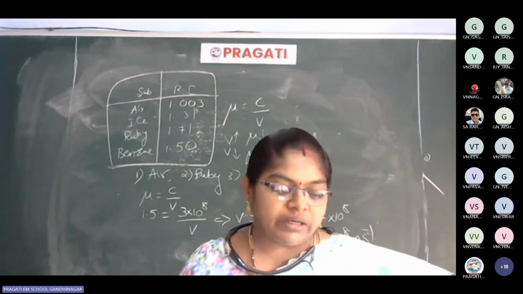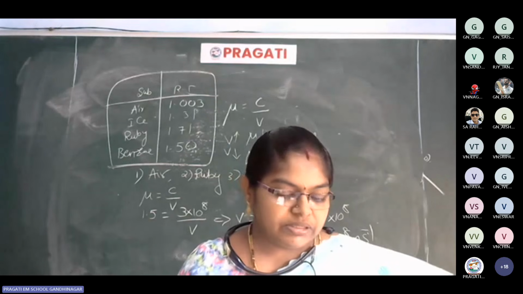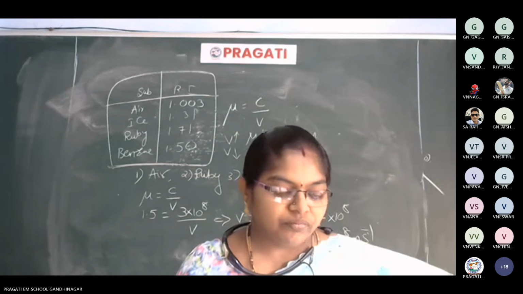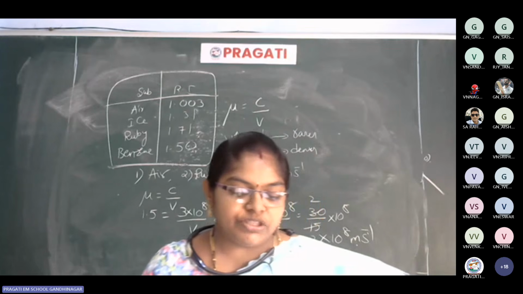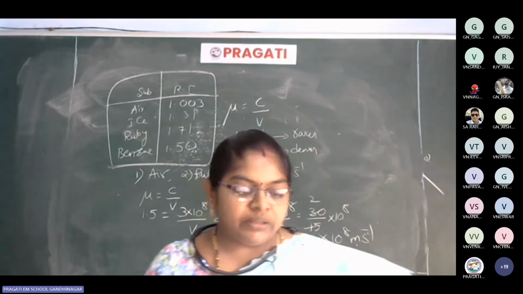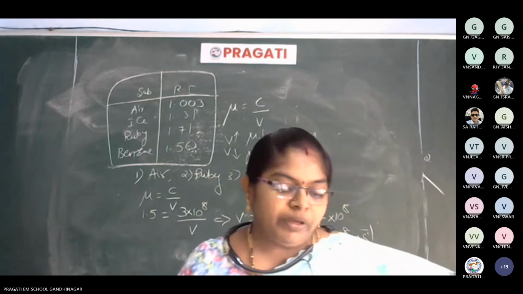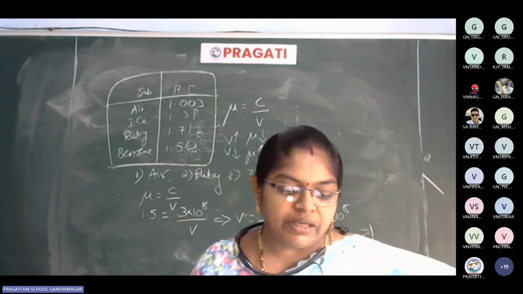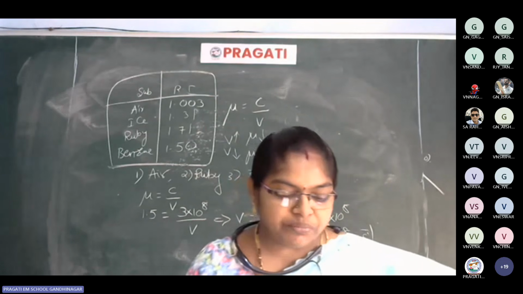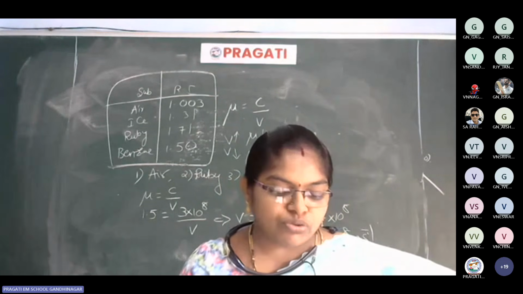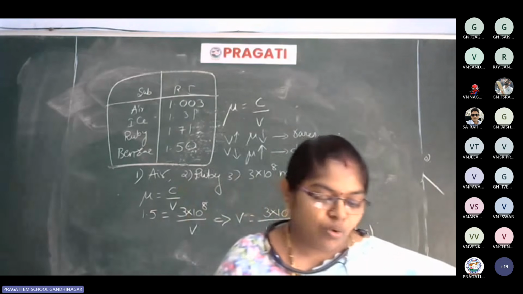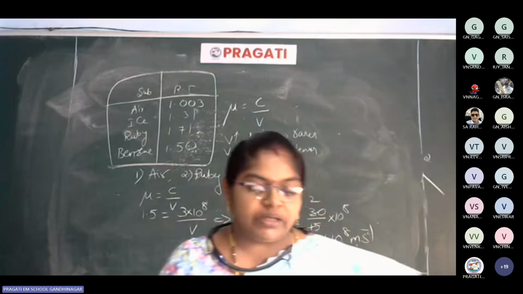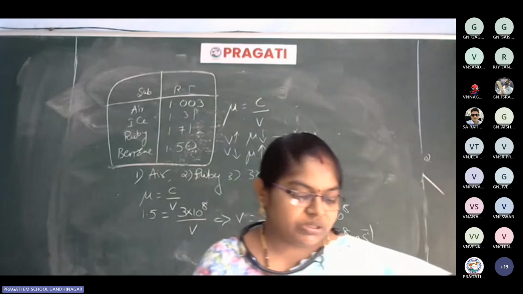Why should we connect electrical appliances in parallel? Same answer. Next, why are coils of electric toasters and electric irons made of an alloy rather than a pure metal? Because resistivity of alloys is higher than that of its constituent metals. So alloys do not oxidize. So the coils of electric toasters and electric irons are made of alloys.